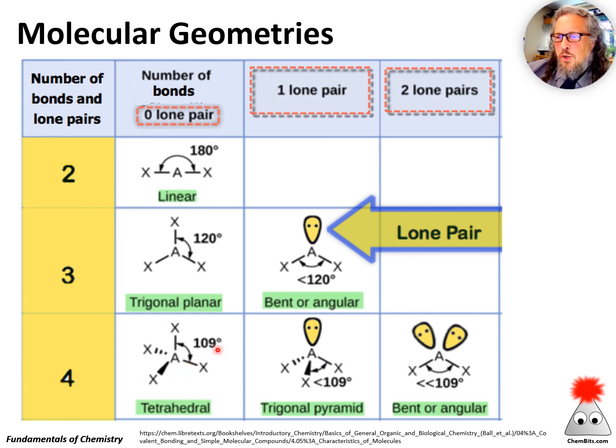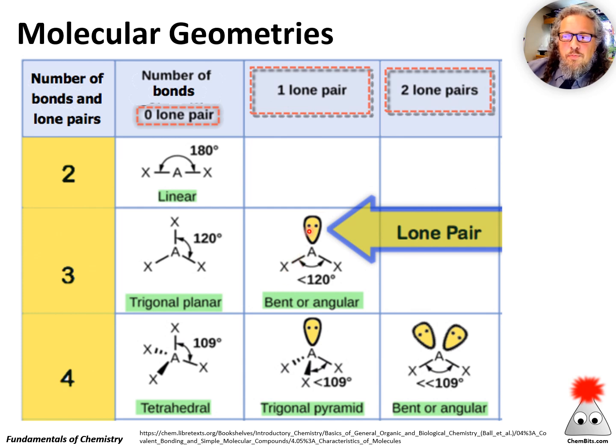Now, a couple of quick things to point out here. This table includes information about bond angles. And you see that the bond angles change when we go to a lone pair. In valence shell electron pair repulsion theory, a lone pair takes up more space than a bonding pair.